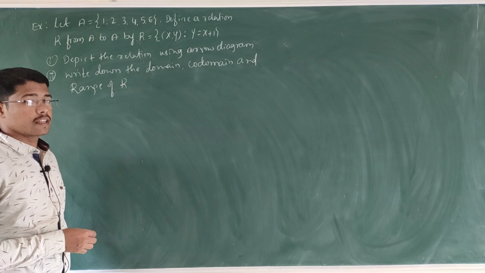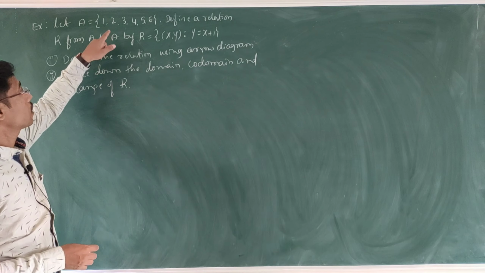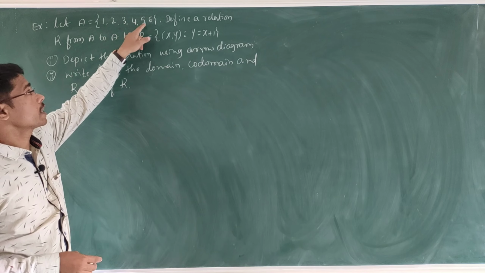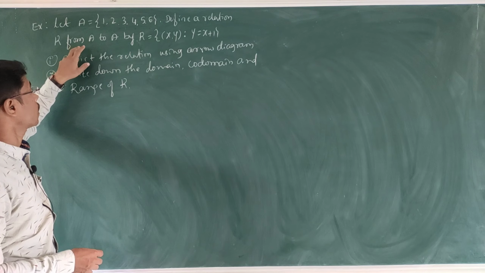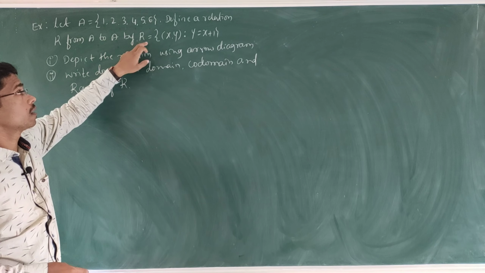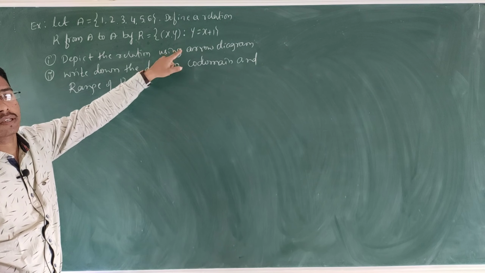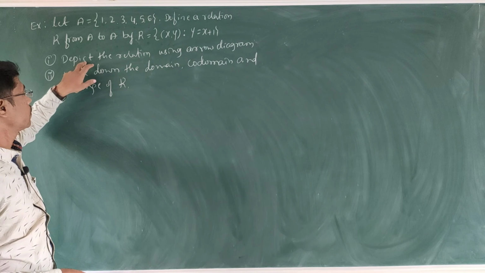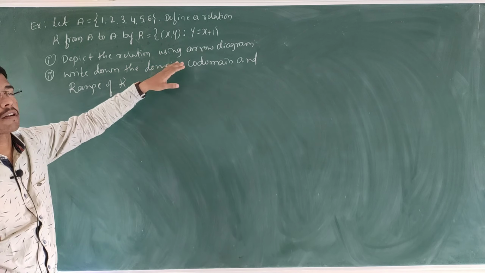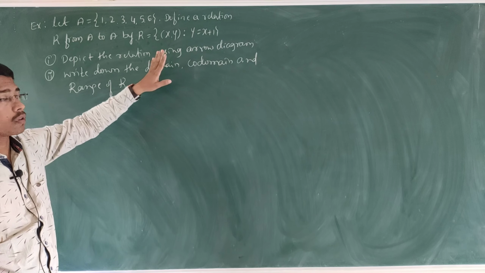See the example. Let A equal to 1, 2, 3, 4, 5, 6. Define a relation R from A to A by R is equal to (x, y) such that y equal to x plus 1. Depict the relation using an arrow diagram, that is, we have to draw the arrow diagram.